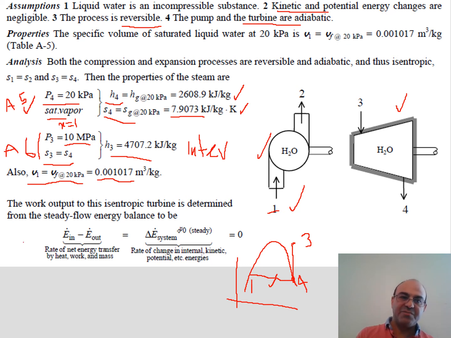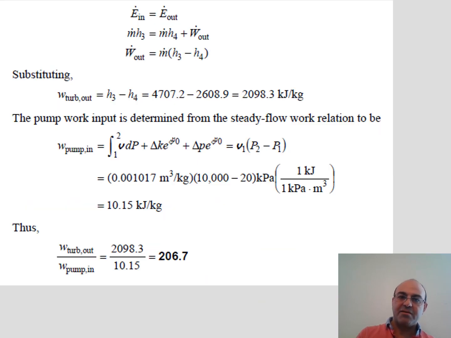If we write the first law of thermodynamics for the pump and turbine, both of them have E dot in equal to E dot out, both of them steady flow devices. We need to write this down and say that it's a steady flow process. Then we need to say that heat transfer is 0, Q dot is equal to 0.